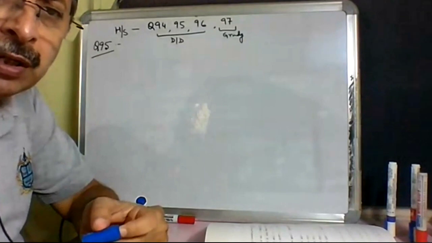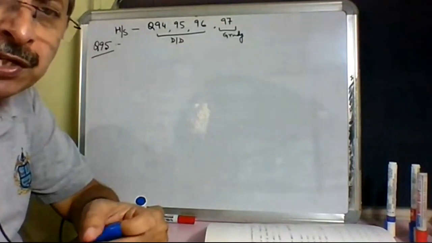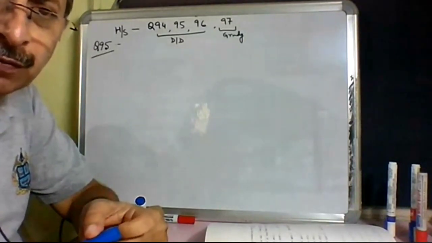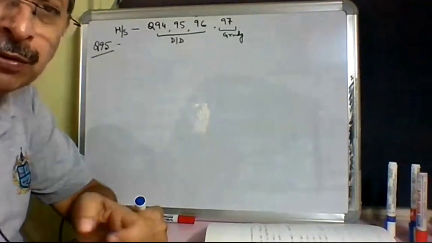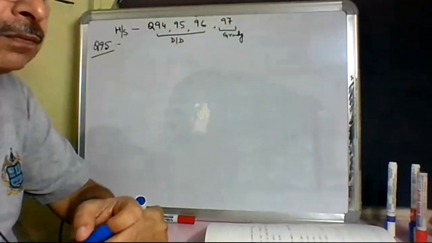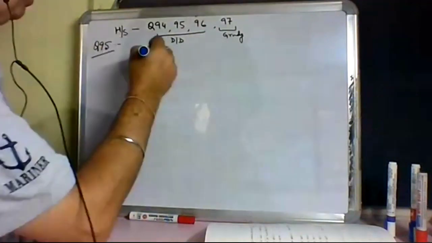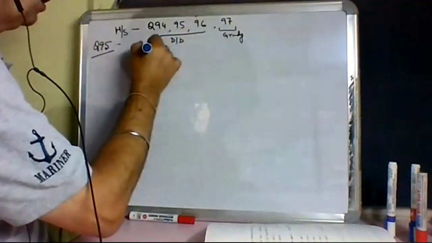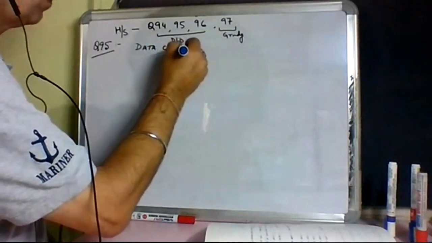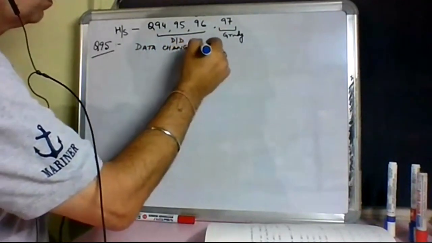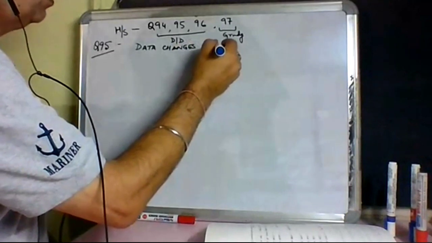And remember, data changes with draft. With waterline, the data will change. Up till now, the data was remaining constant. Now, in Hinship, data changes with draft.